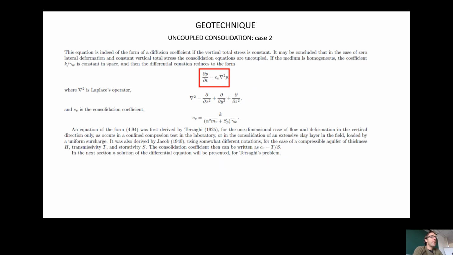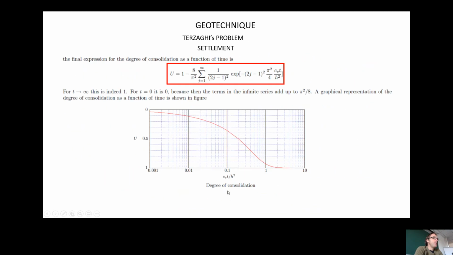So what we can see there instead is what happened here with the degree of consolidation. Definitely we are talking about time, except for Cv, the consolidation coefficient, and the height of the layer, and what happened for U, where U is the degree of consolidation.